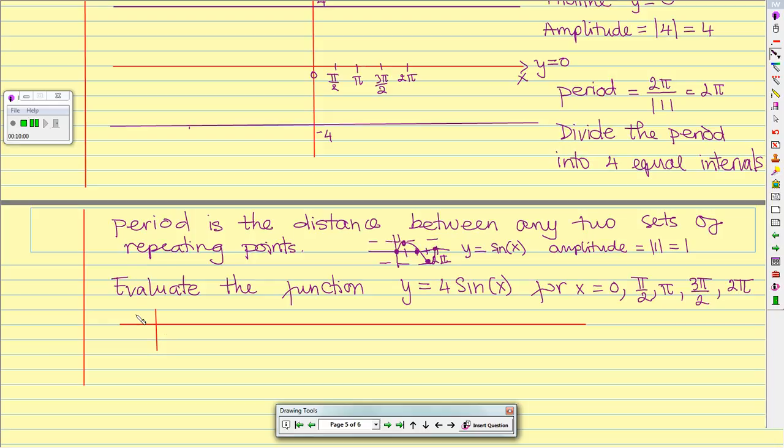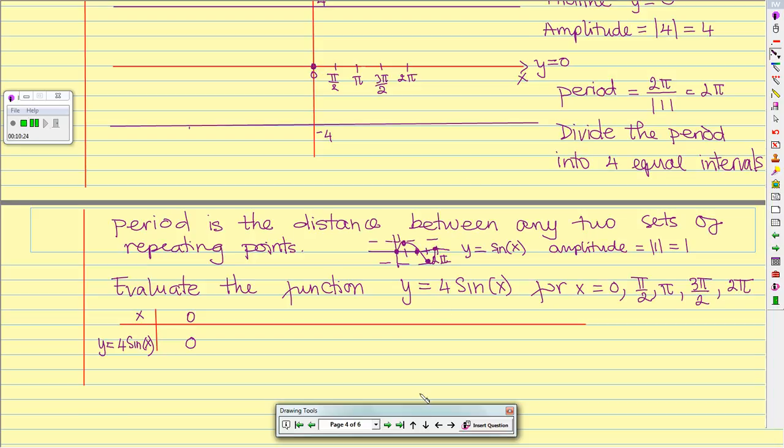You can go ahead and evaluate using your table. So I'm going to put x, and this is y equals 4 sine of x. So x equals 0. Y is 4 times sine of 0, just 0.